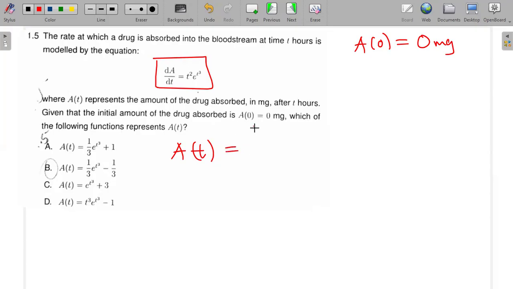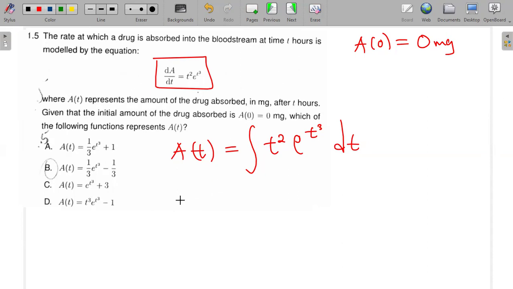So I'm going to say the integral of t squared e to the power t cubed, and we're integrating with respect to t.